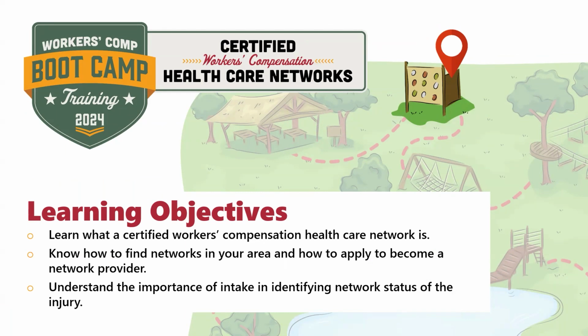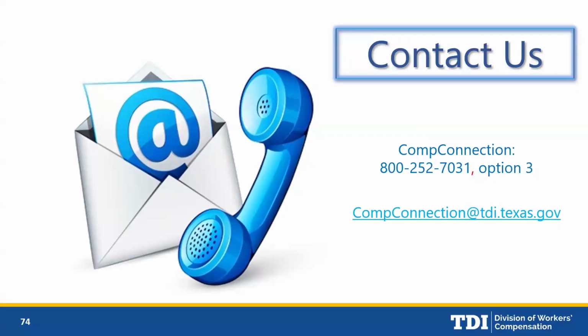Our learning objectives to get over that wall are to learn what a certified workers' compensation healthcare network is, know how to find networks in your clinic's area and how to apply to become a network provider, and understand the importance of registration and intake and identifying your claimant's network status. Those are our learning objectives for your next boot camp.